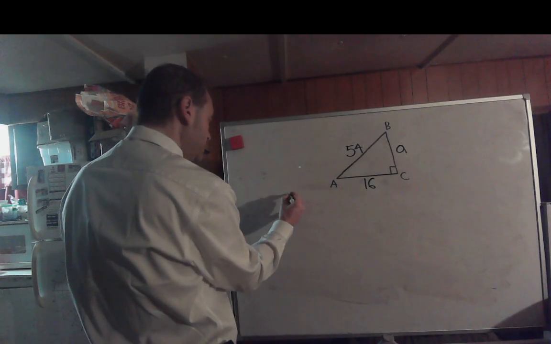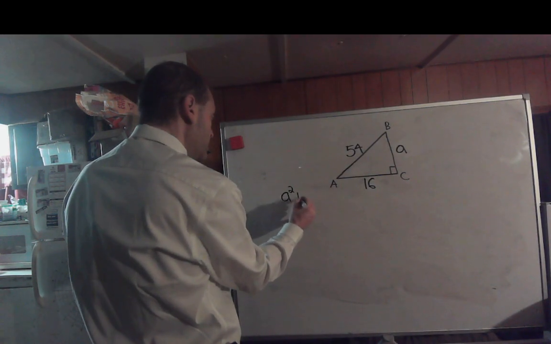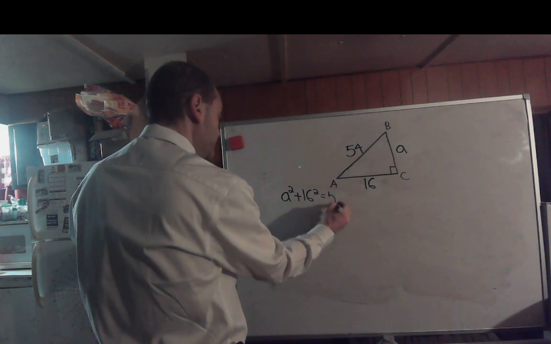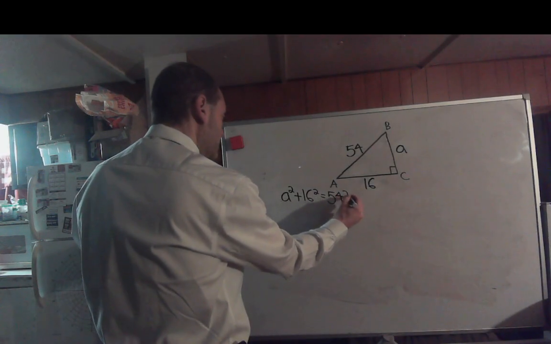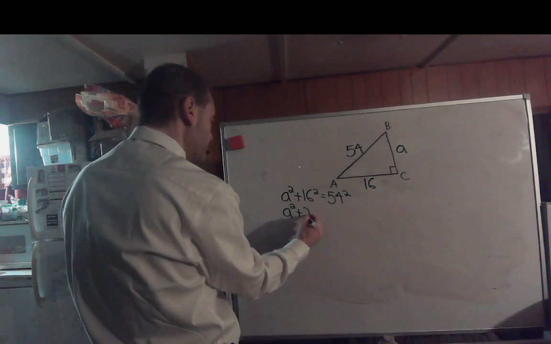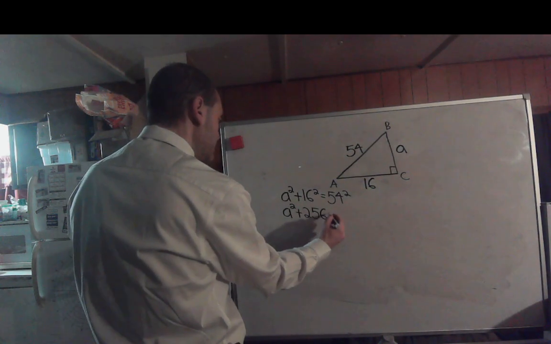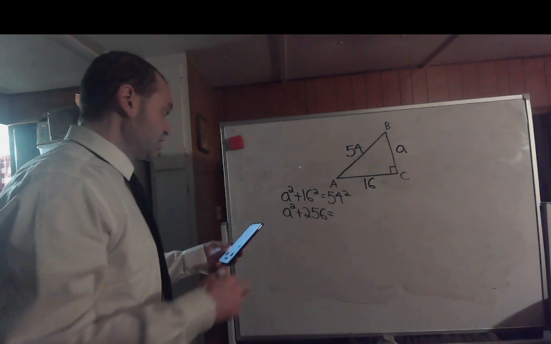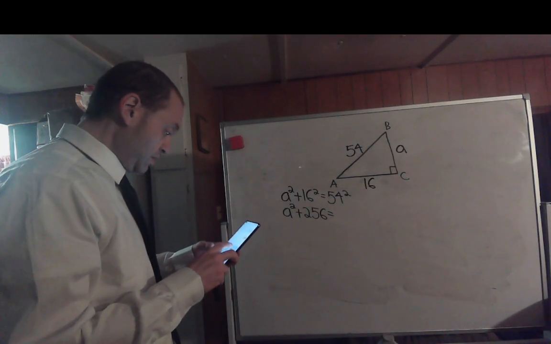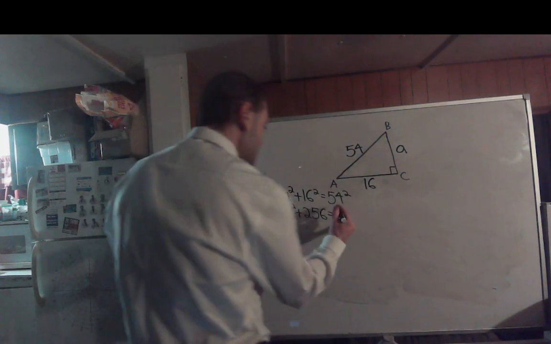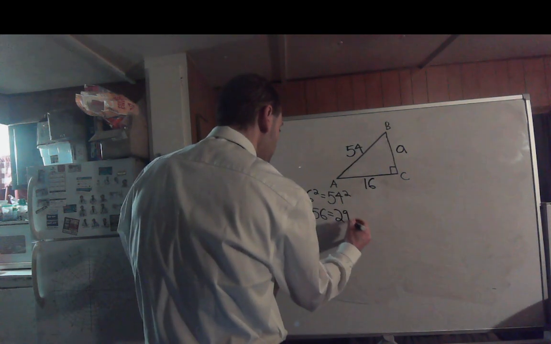So this would end up being A squared plus 16 squared equals 54 squared. So that means that A squared plus 256 is equal to whatever the heck 54 squared is. This isn't going to be a fun one. You get 2,916 for 54 squared.